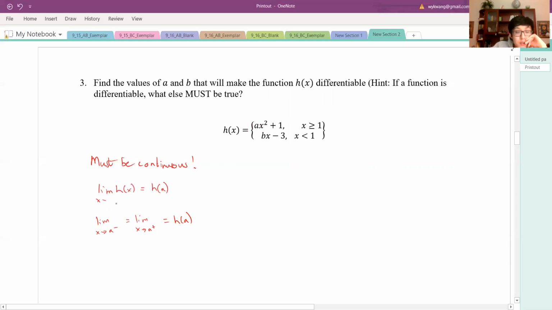So just to rewrite all of this, x approaches z. Z isn't used, this is just an arbitrary number. X approaches z from the left, x approaches z from the right is equal to h of z. Well, this is our point of interest, right? Because where would it possibly not be continuous or differentiable?